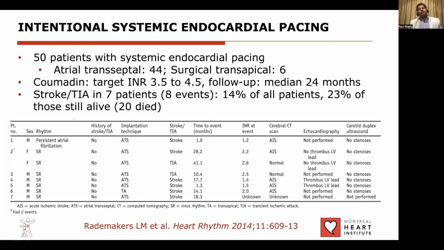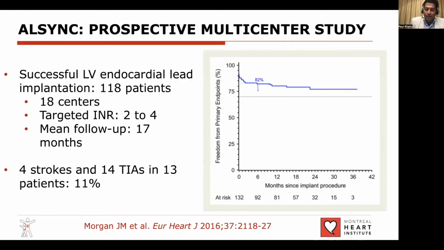Now, what if you take this a step further and you intentionally place leads in the systemic circulation, and you do it in the context of a prospective study with really very well-defined, rigorous follow-up? Well, this was done in the prospective ALSYNC study, where endocardial leads were successfully implanted in 118 patients from 18 centers with targeted INRs between 2 and 4.